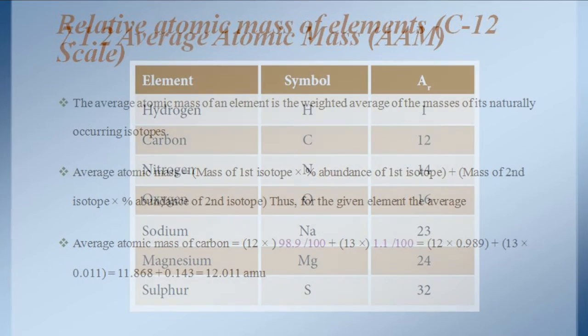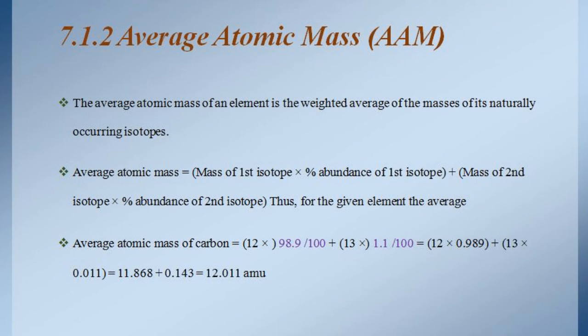Next topic is average atomic mass. The short form is AAM. In this average atomic mass, we use one formula: the mass of the first isotope times the percentage abundance of the first isotope, plus the mass of the second isotope times the percentage abundance of the second isotope.